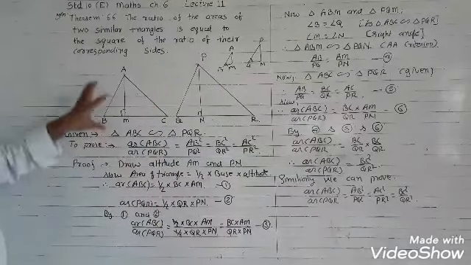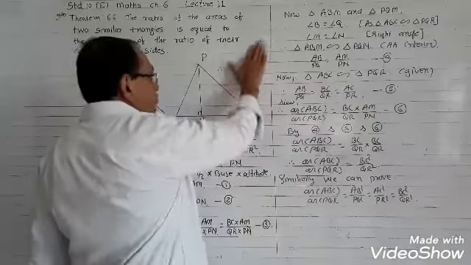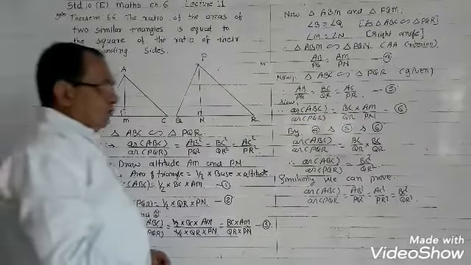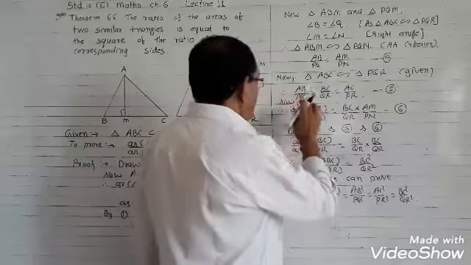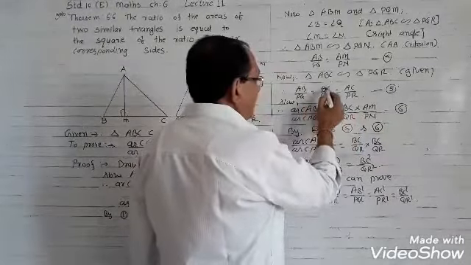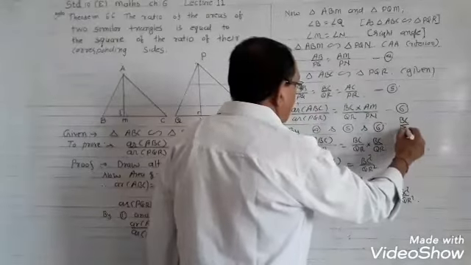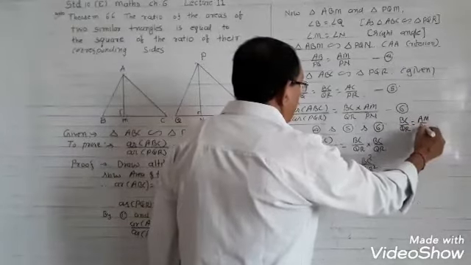Okay, write it three to four times and learn it properly. Here, if you want to add one more step, you can add it. Which step would you want to write? AB upon PQ is equal to BC upon QR, which is equal to AM upon PN.